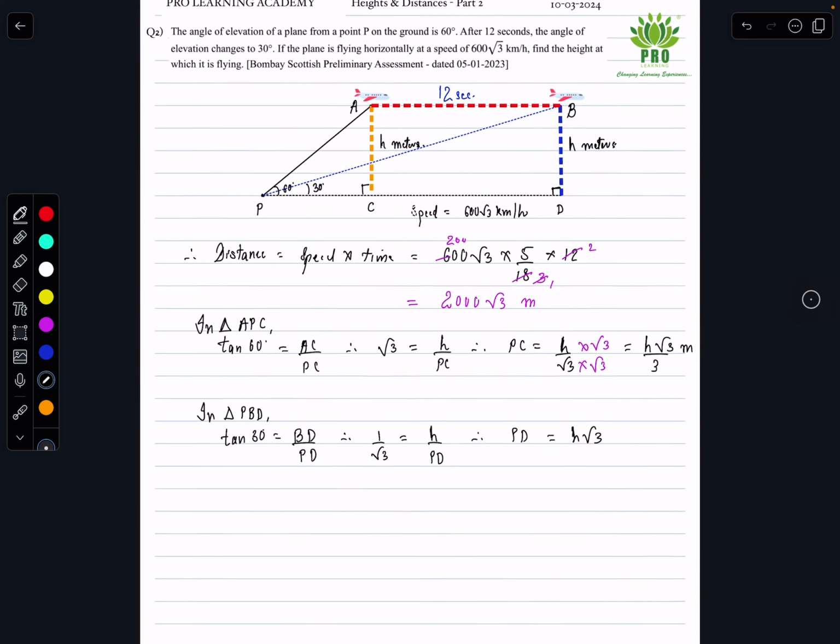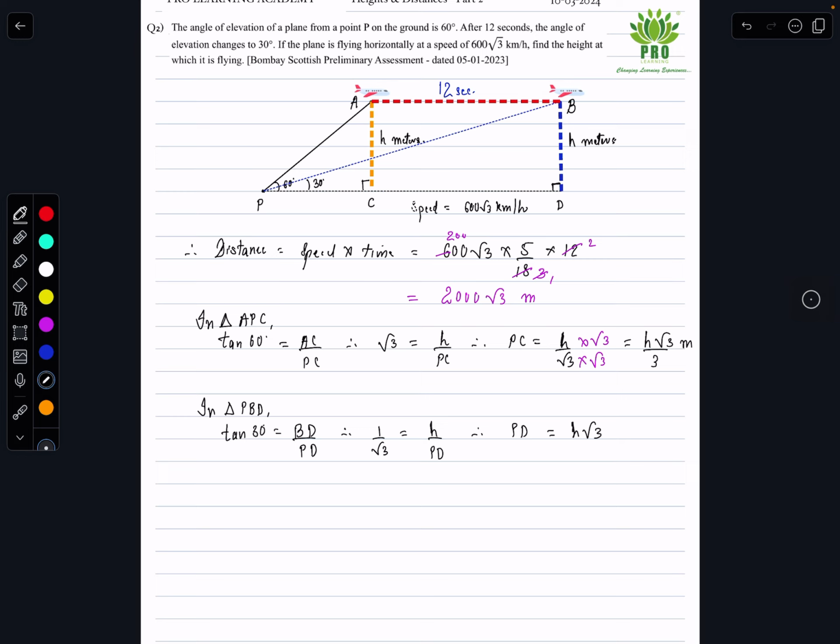We were interested in the distance CD. Therefore CD, which can be written as PD minus PC, is h root 3 minus h root 3 over 3. Here the easy way is the LCM. This is over 1, so we multiply by 3.